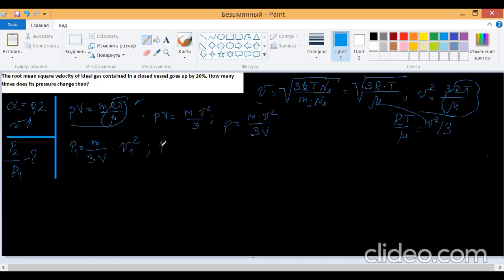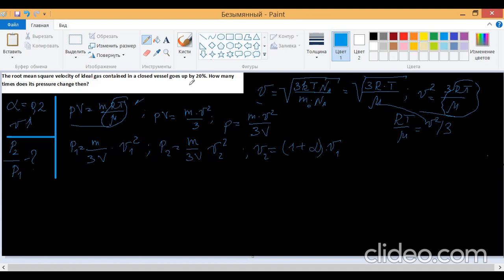And I can write that P2 is equal to m over 3V times v2 squared, right? But v2 is 1 plus alpha times v1. Why?